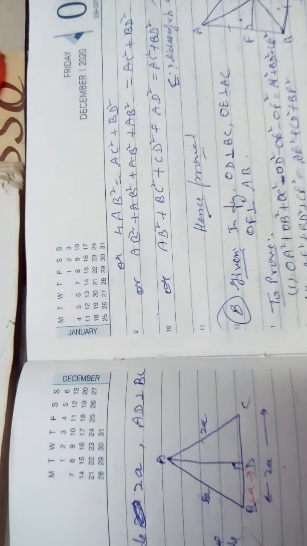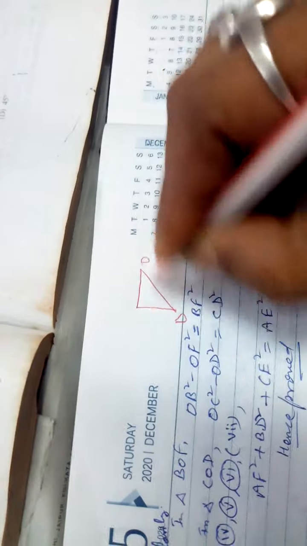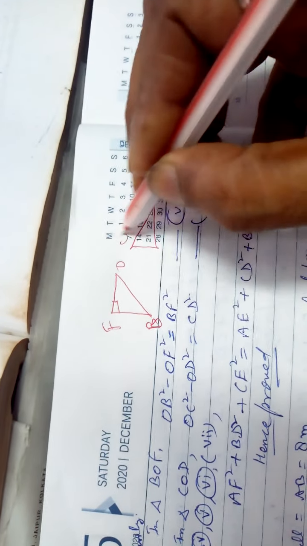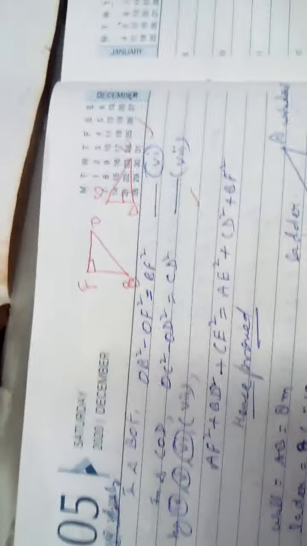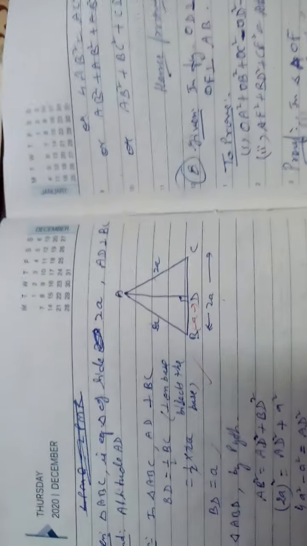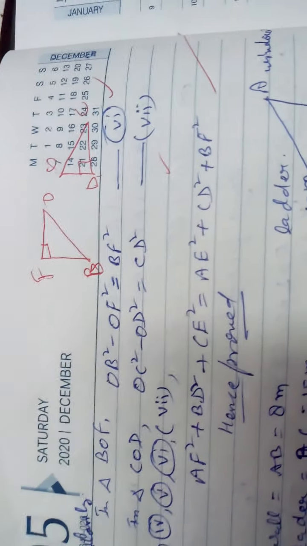Similarly in triangle BOF, it is 90, so you are getting OB square minus OF square. In triangle COD, OC square minus OD square is equal to CD square. It is third. By equations 4th, 5th, 6th and 7th, replacing these by these alphabets, you are getting your second proof.